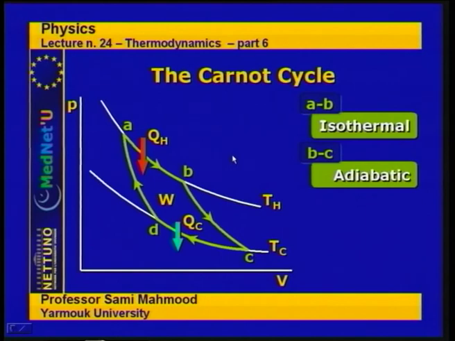It's an adiabatic process. And now this process from B to C takes the system from a higher temperature, T sub H, to the lower temperature T sub C without any loss or absorption of heat. It expands adiabatically.